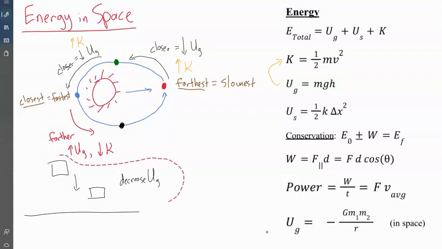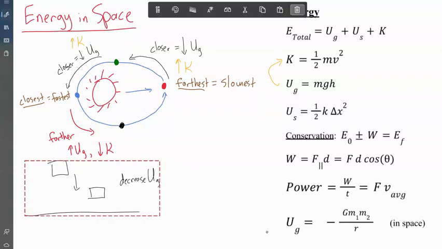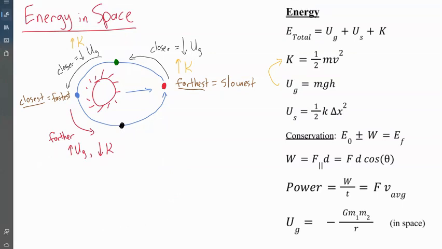I'll just get rid of this because we're done with that analogy to Earth's surface. It remains the same as we get even further away. So U sub G is increasing and kinetic energy is then decreasing to maintain initial energy equals final energy.